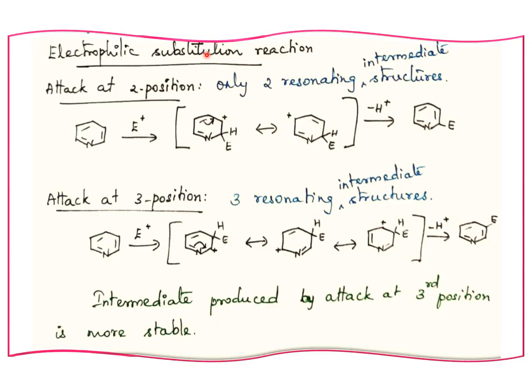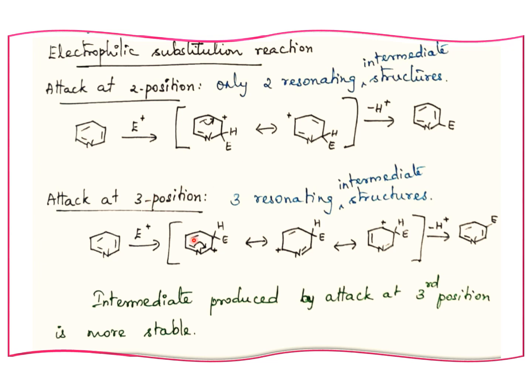Let us come to the electrophilic substitution reaction of pyridine. Here, as in the case of pyrrole, thiophene and furan, pyridine can undergo the electrophilic substitution reaction either at the 2 position or at the 3 position. We have to find out which position provides a stable electrophilic substitution product. When attacking at the second position, we have only 2 resonating intermediate structures.